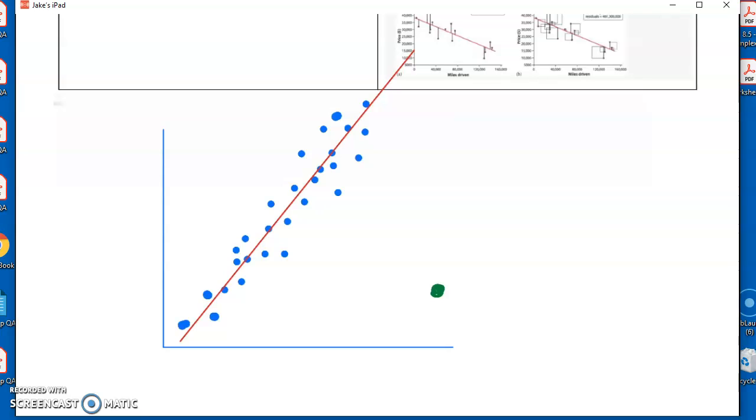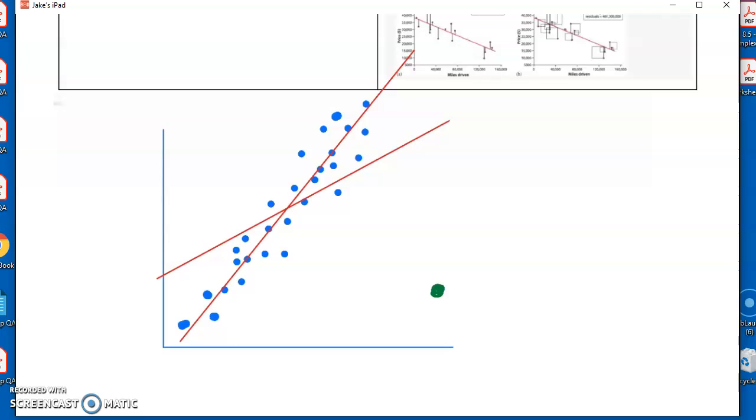If we were to draw another line of best fit, think of that line getting pulled towards that outlier. Instead of going this way, that line of best fit gets pulled down towards that green outlier. So what I'm trying to say is if you add an outlier to a scatter plot, the line of regression changes.